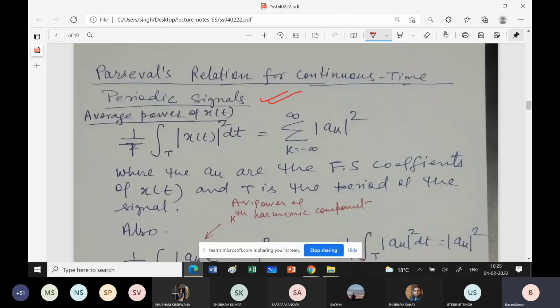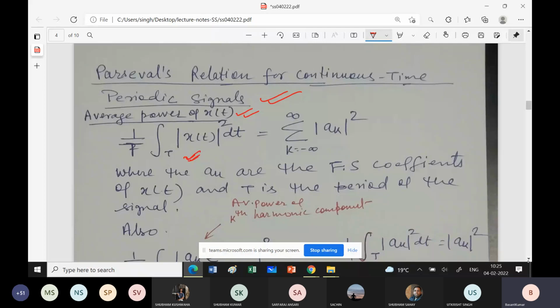What it says is that the average power of x(t) you can compute by taking the signal, integrating the square of the signal over one time period, and dividing by the time period. That is the conventional thing that you know.